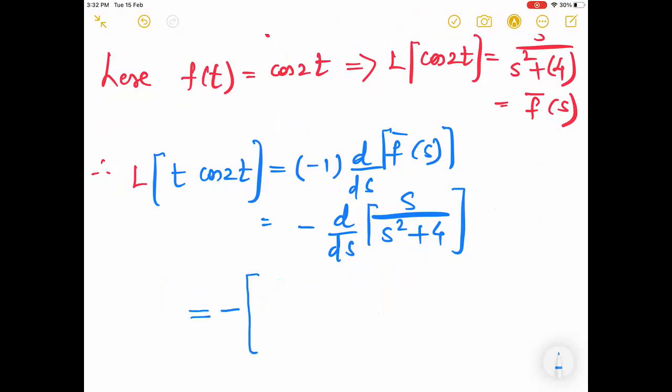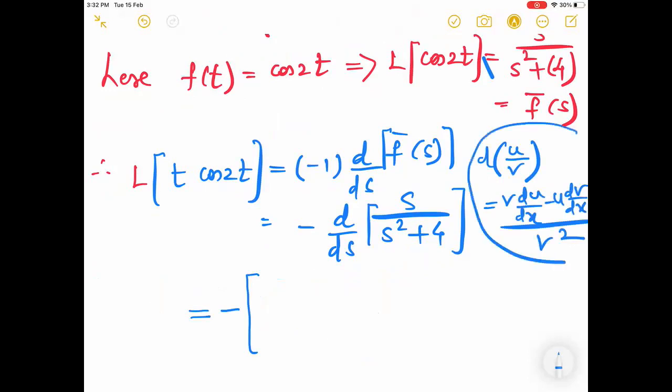I hope all of you have studied this. Differentiation of u by v is v into du by dx minus u into dv by dx, upon v square. This is the rule. If d by dx of u by v is asked, then we will do the calculation this way.